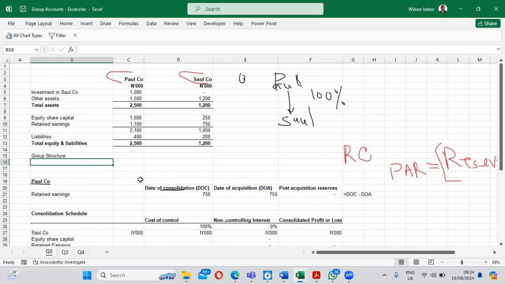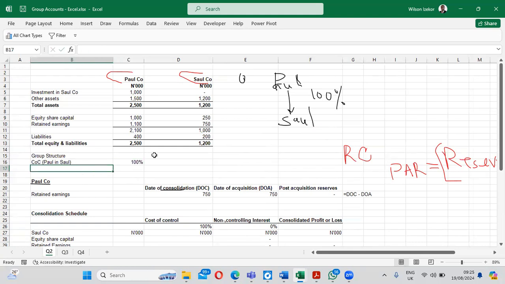So you have the cost of control of the parent company, which is Paul, in Saul. Paul in Saul is 100%.